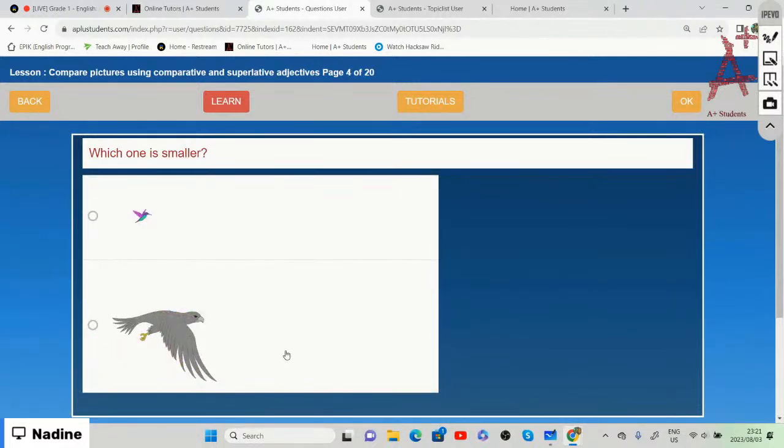Which one is smaller, the purple, blue, and green bird or the gray bird? We can say the top bird, which is the purple, blue, and green bird, is smaller than the big gray bird.